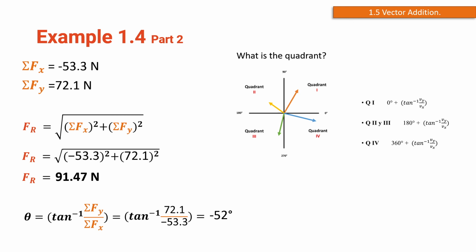I expect that you said that this vector will be in quadrant number 2. So we will use 180 as a reference, or you can do it from the beginning and have the equation something like this: 180 plus inverse tangent of the summatory of the y components of the force over the summatory of the x components of the force, 72.1 divided by minus 53.3.